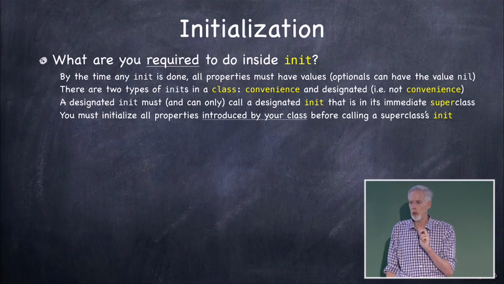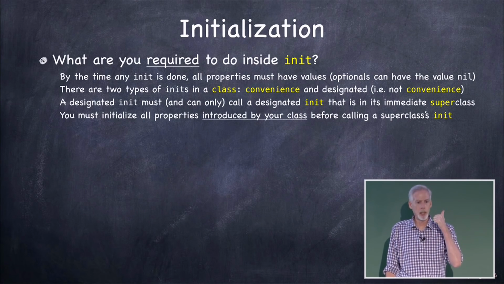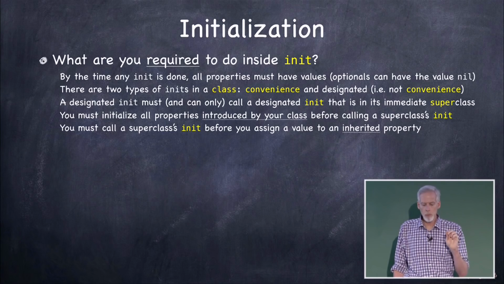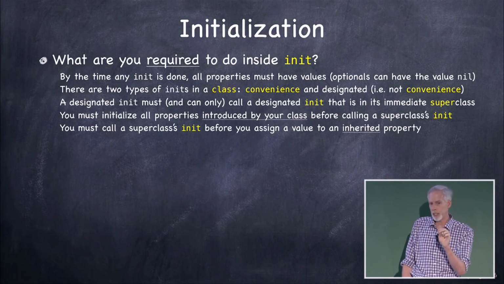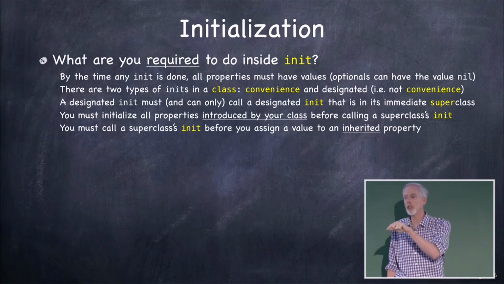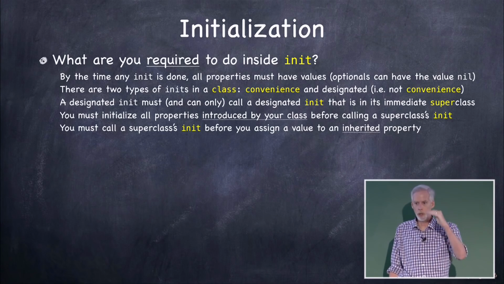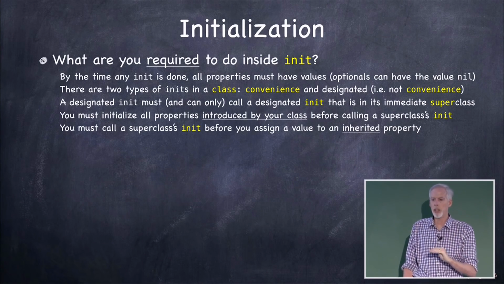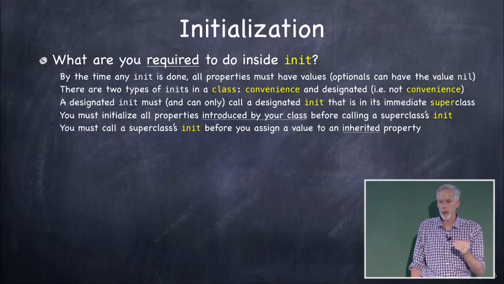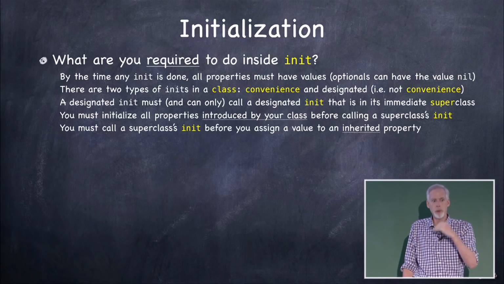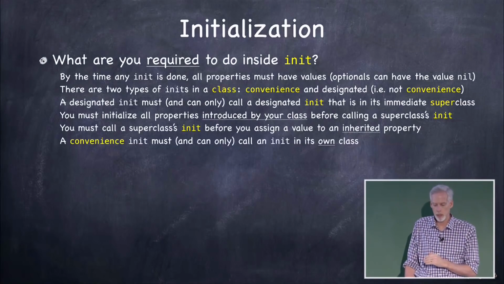So by the time you call super init to let your superclass initialize, you must have all your properties initialized. You must call a superclass's init before you can touch any of your superclass's properties. See the order there? You do yours, call super, now you can touch theirs. That makes sense. You've got to let them initialize theirs before you can touch it, and you want yours initialized before they come along and start doing their stuff.